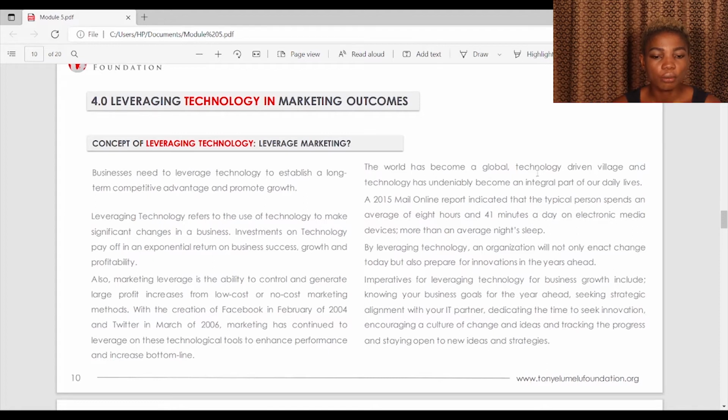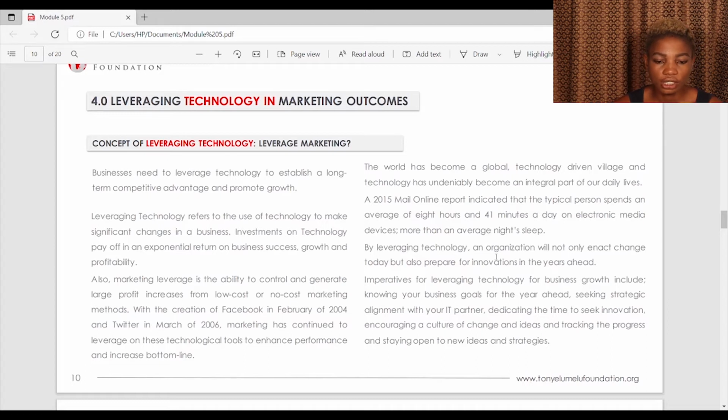The world has become a global technology-driven village, and technology has undeniably become an integral part of our daily lives. In 2015, Mail Online reports indicated that the typical person spends an average of 8 hours and 41 minutes a day on electronic media devices, more than an average night's sleep.